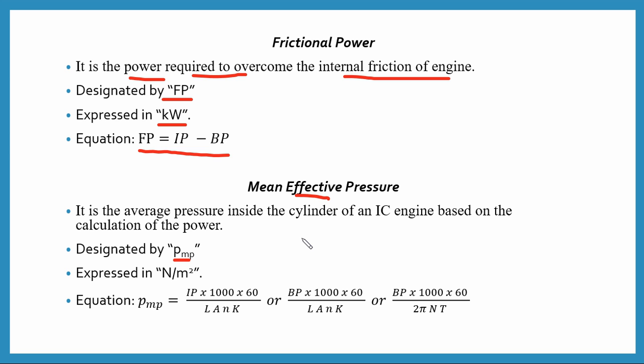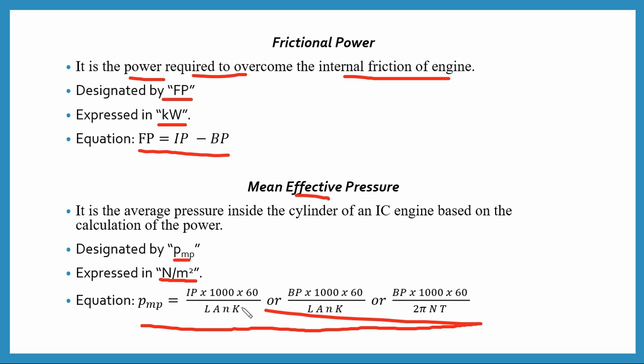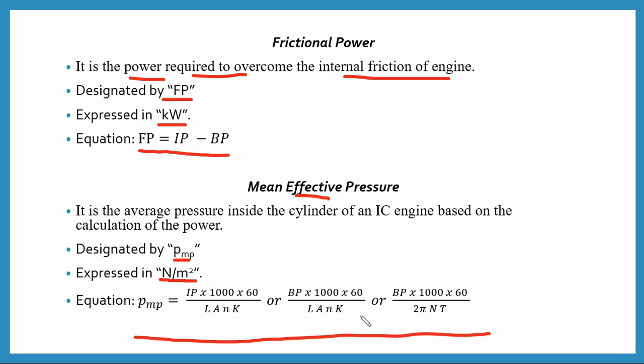It is expressed in Newton per meter square unit. And the equation was that PMP, which I found from the equation of the indicated power. So we find that IP is equal to PMP into LANK divided by 100 into 60.